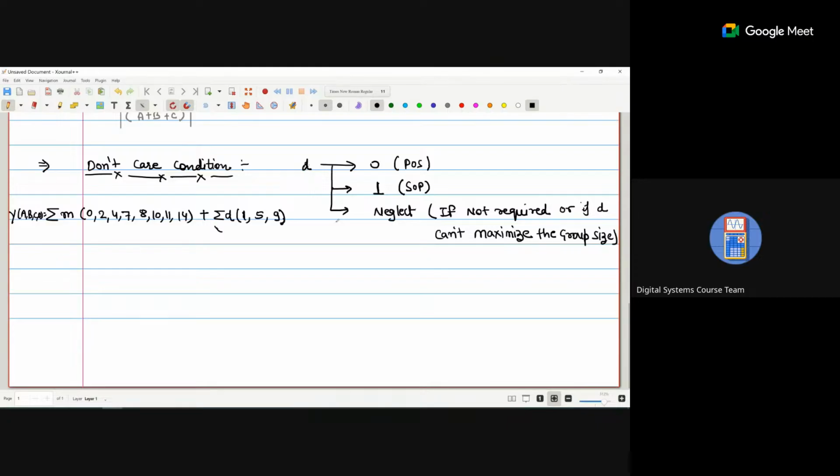So we can consider it as sigma D or we can consider it as pi D. So don't be confused with this, because the D value is as per our requirement. If we require an SOP term, we will use the D value as 1. If we require a POS form, we will use D as 0. So don't be confused whether I mention sigma D or pi D.